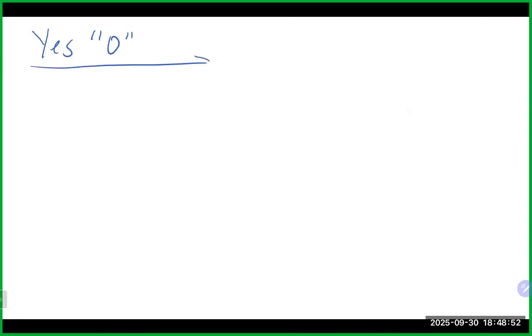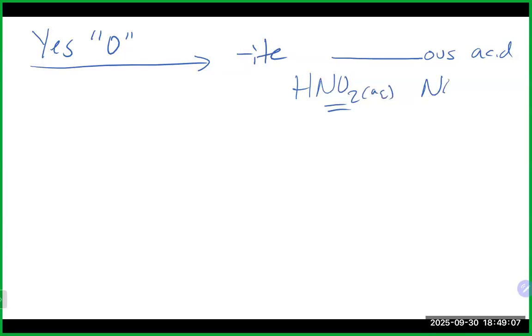If it is yes to oxygen, and your polyatomic ion ends in ite, your acid name will be something ous acid. So if I take HNO2, NO2 is really NO2 minus, which is nitrite. And that would mean that this acid would be nitrous acid.